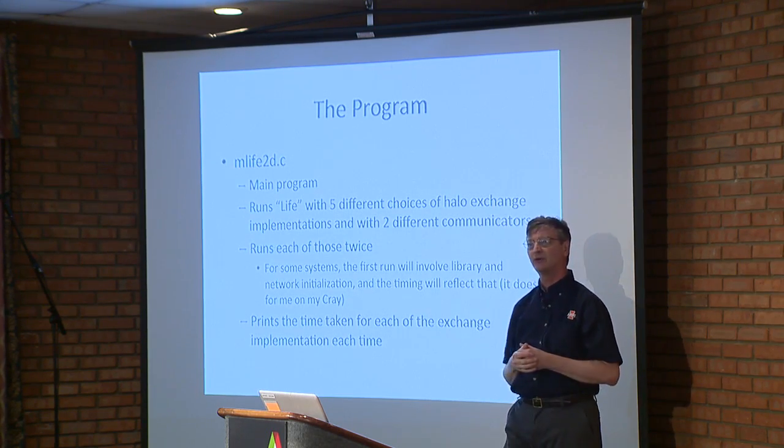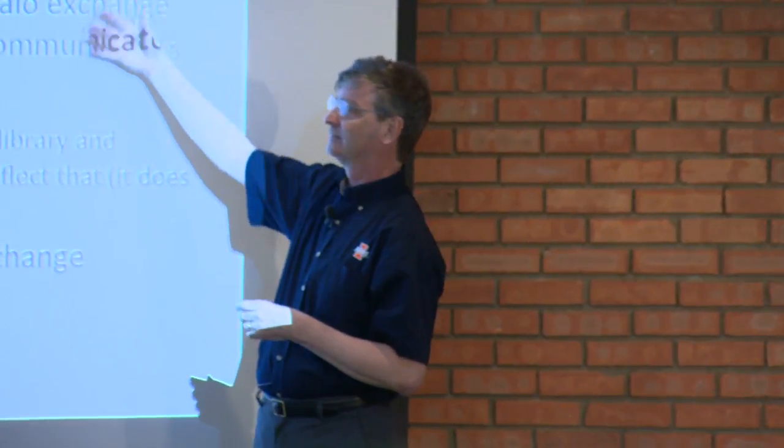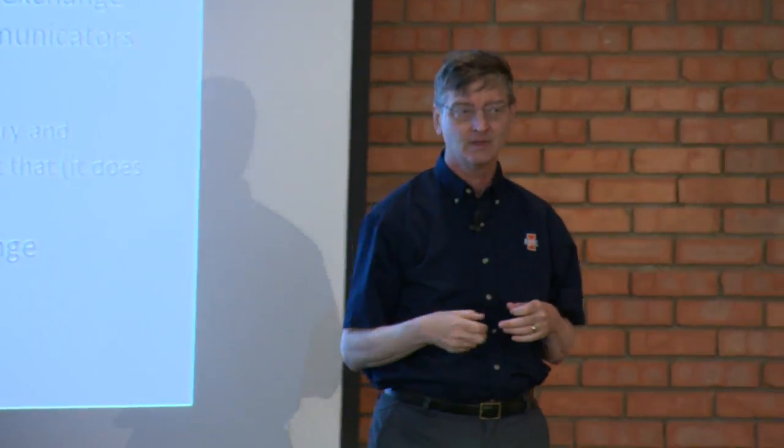It runs them twice. Why does it run them twice? Well, the first time you run something, the system might do all sorts of stuff. So for example, it might go get the code. And if you're timing these operations, if you write your code, you do MPI init, you do t equals MPI_Wtime, and you do a send, what you might be timing is the amount of time it takes the operating system to go to the disk to get the code for MPI send.